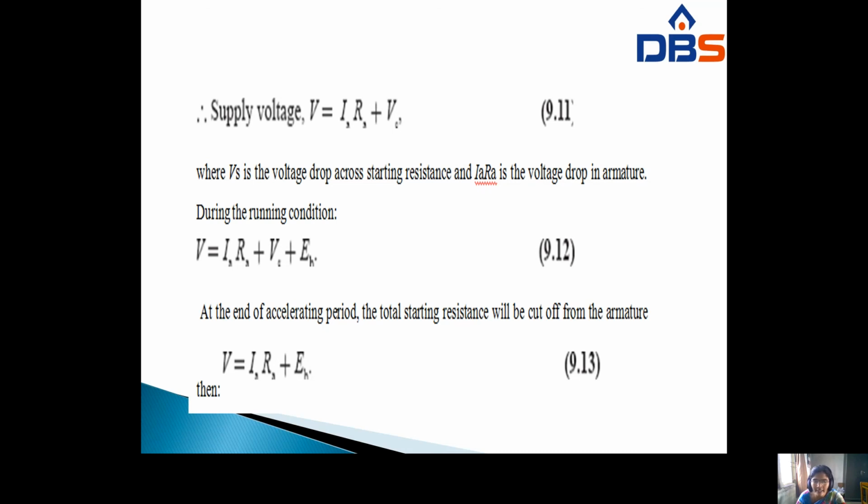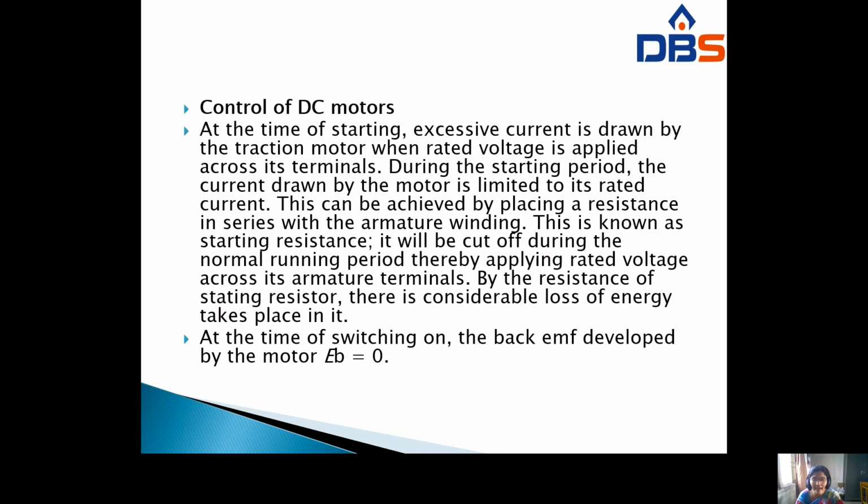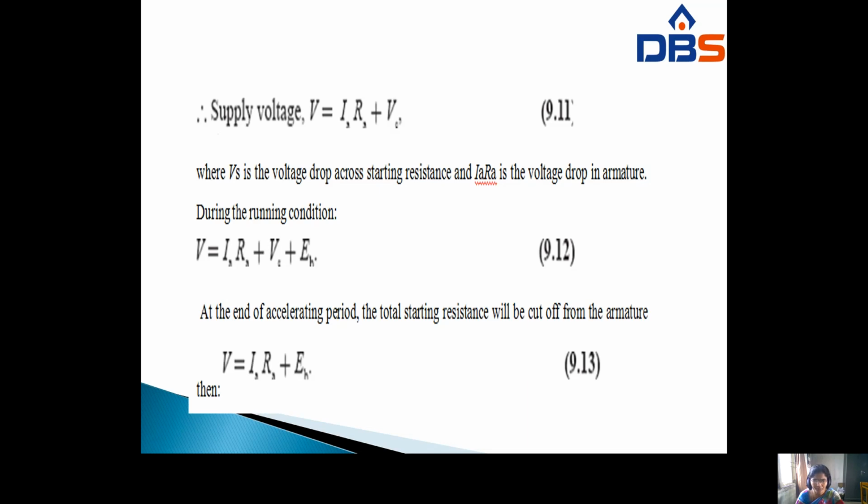During running condition, what happens? You can remove that Vs value. During the running condition, V equals Ia Ra plus Vs plus Eb. Initially at starting, as discussed in the previous slide, the back EMF Eb equals 0. During the running condition, the back EMF will occur, and at that time you can remove the series resistance, that means cut off the series resistance.